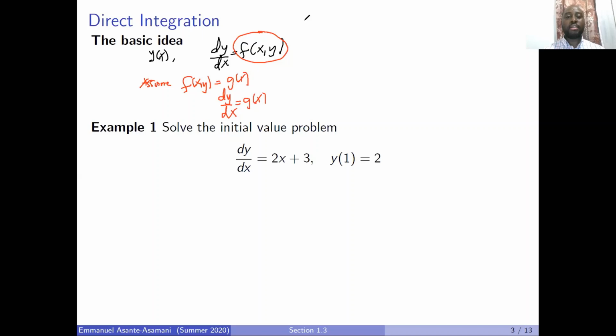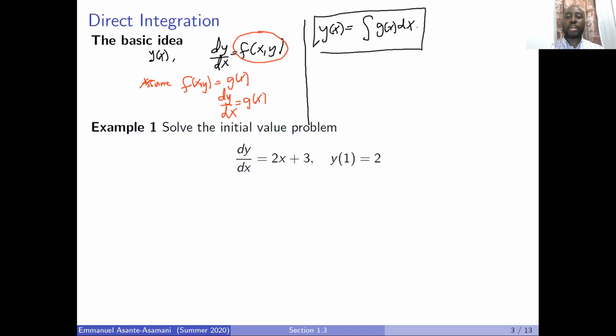We are saying that the derivative of some function is g of x, right? And if we know the derivative of a function and we want to find that function, then we can use just standard techniques in Calc 1, first semester calculus, to find an antiderivative, right? So in other words, I can define my solution to be the antiderivative of g of x dx.